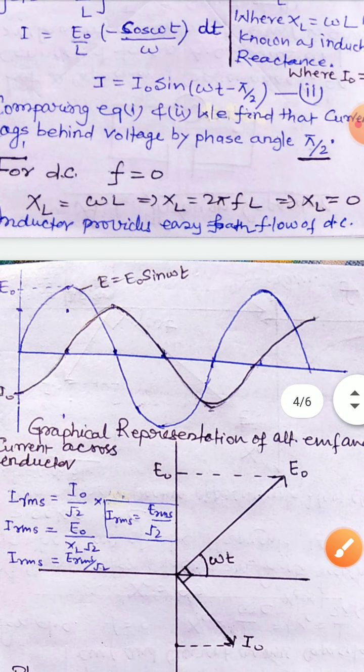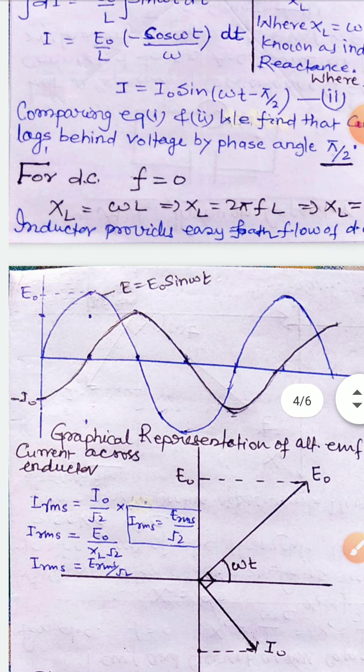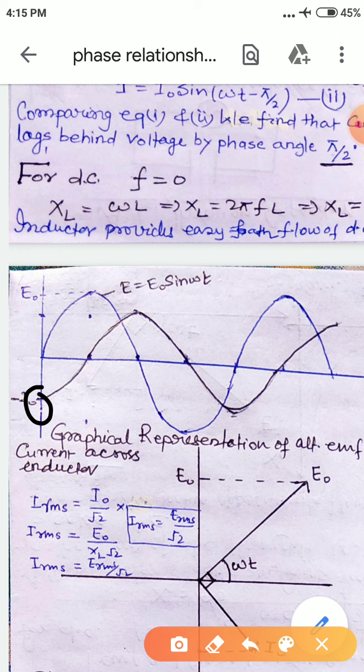So if we have to draw the graphical representation, at t equal to 0 it becomes sine minus pi by 2, and that is minus sine 90, that is minus 1. So I is equal to minus I naught. So current will be maximum at t equal to 0, but in the negative direction, which is shown here. Second thing, E is equal to E naught sin omega t.